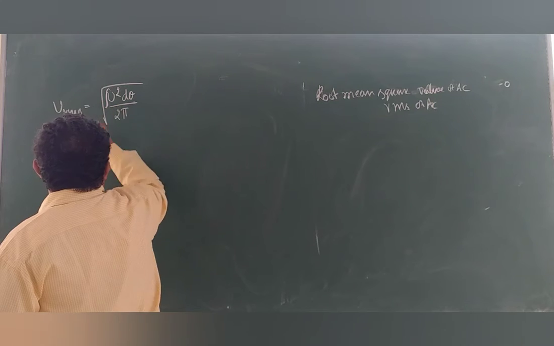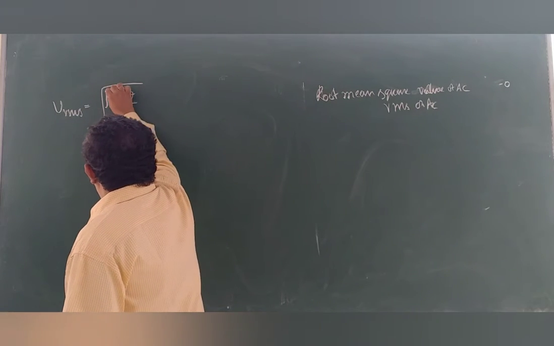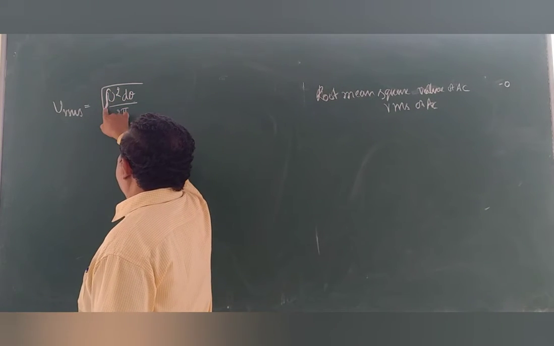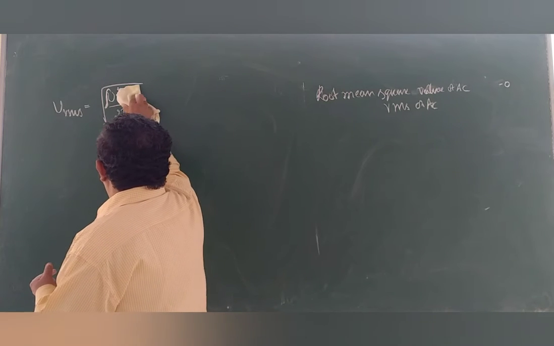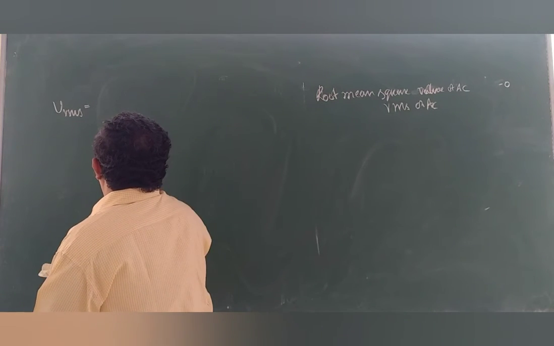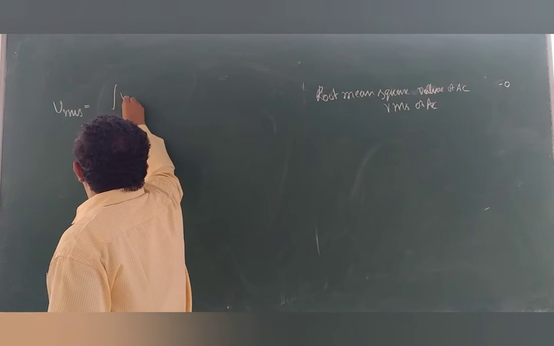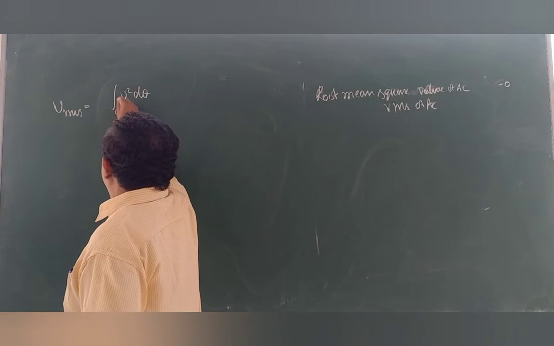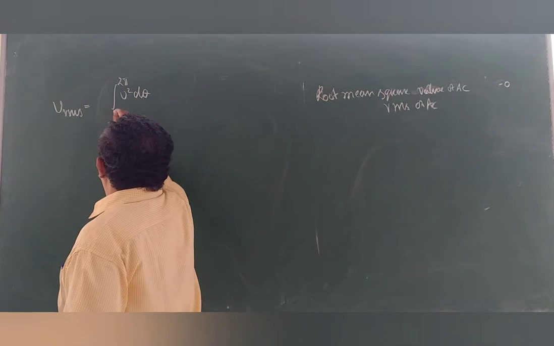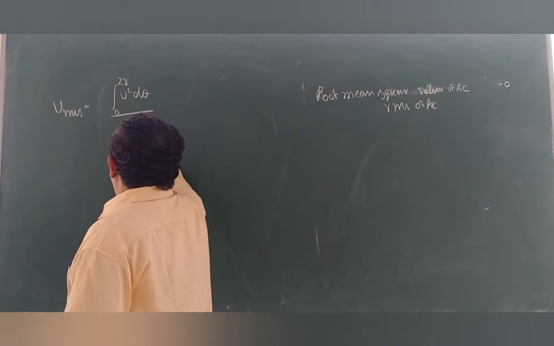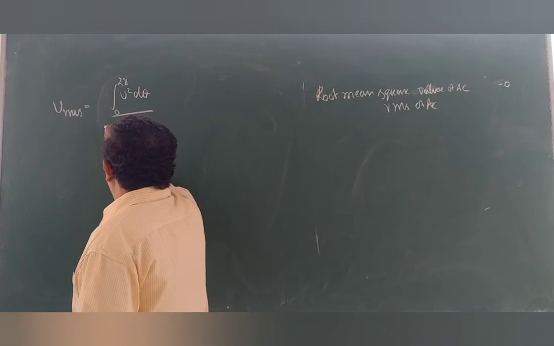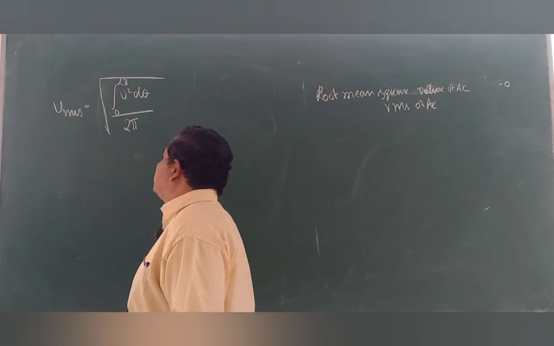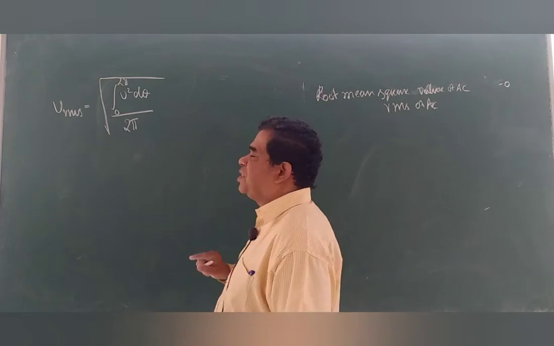So this one, V square d theta added, that means integrated. Now let me write it properly once again: V square d theta, sum from 0 to 2 pi, divided by the 2 pi, and then root. This is the meaning of root mean square value.